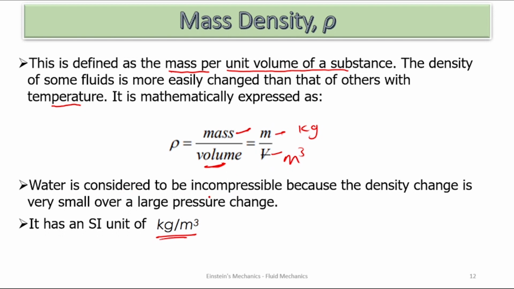So water is considered to be incompressible because the density change is very small over a large pressure change. In episode 1, we saw why water is incompressible. We consider the molecular structure, and the density also accounts for the reason. Are we good? So this is all about the mass density of a fluid.